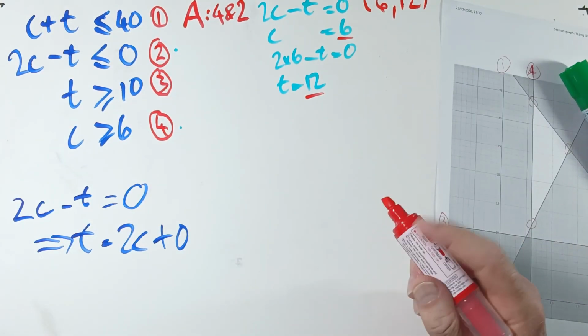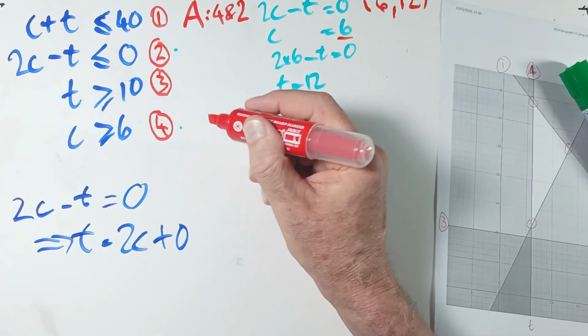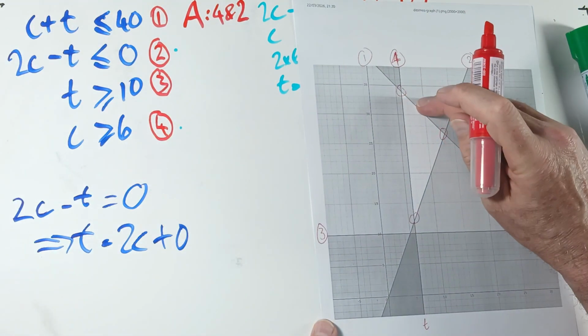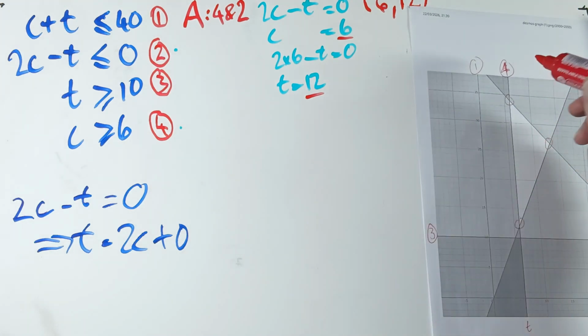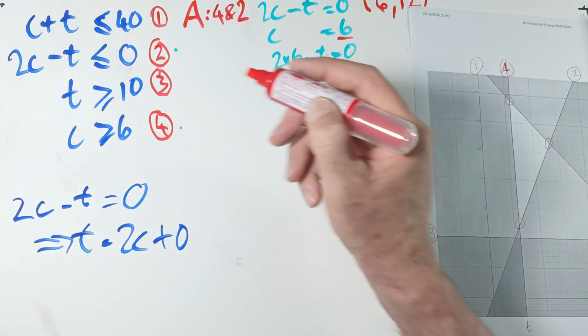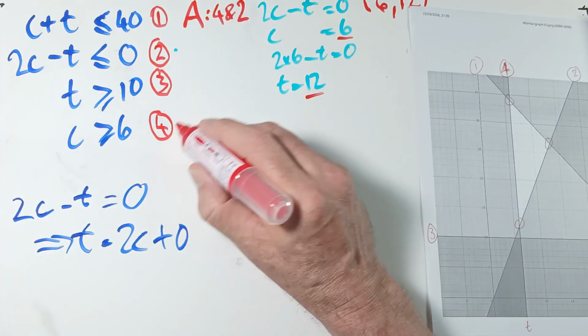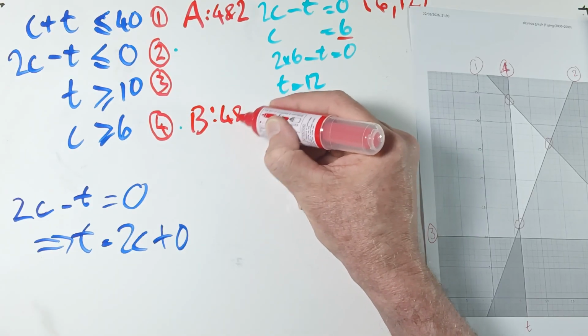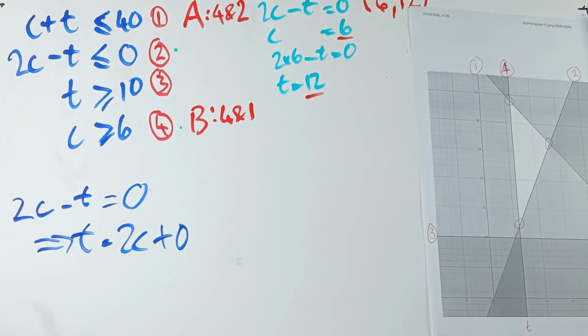Now let's look at the intersection of 4 and 1, this one up here, which is the intersection of this and this. So we just copy them down.